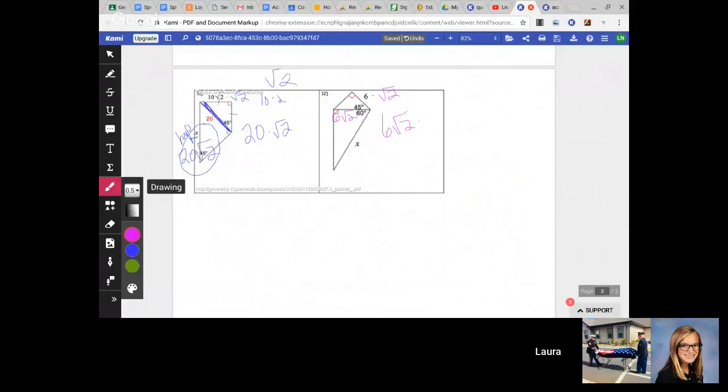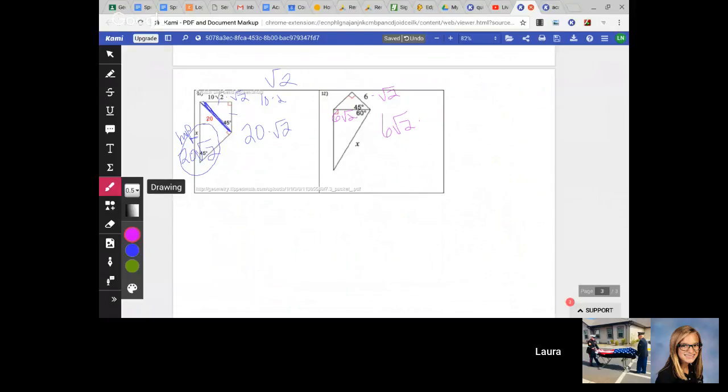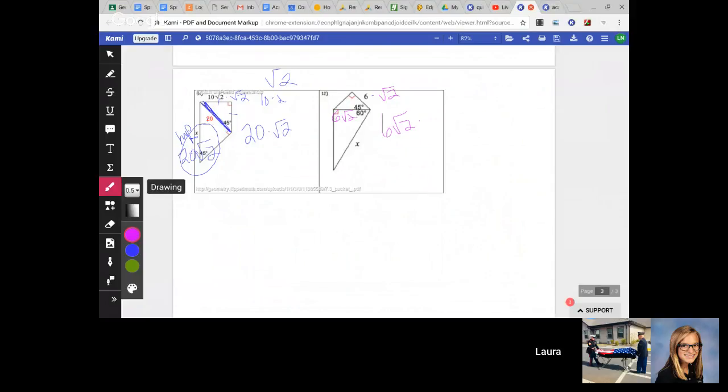In the bottom triangle, are you finding a long leg or a hypotenuse? Hypotenuse. So you're going to divide it by 2. No. Multiply by 2. Don't guess. I want you to understand why so that you'll get it right every time.